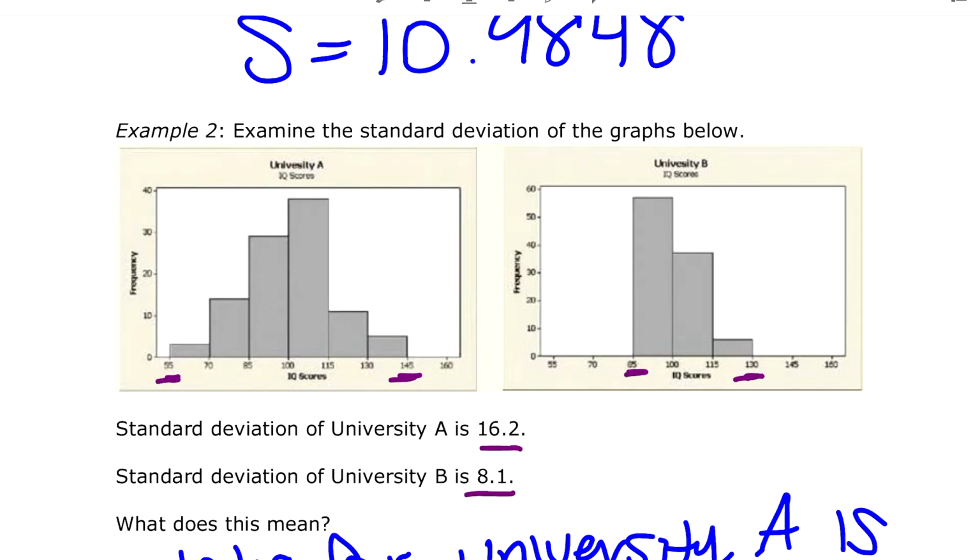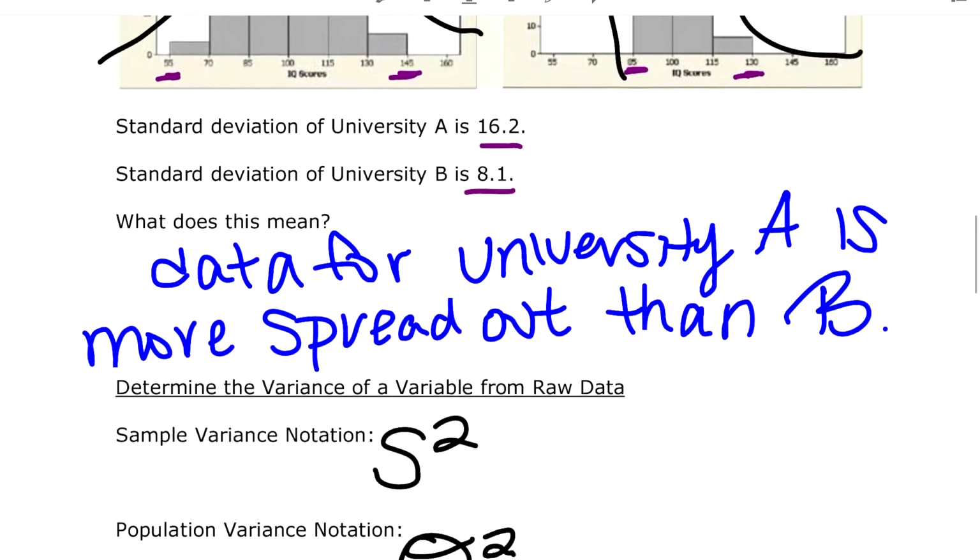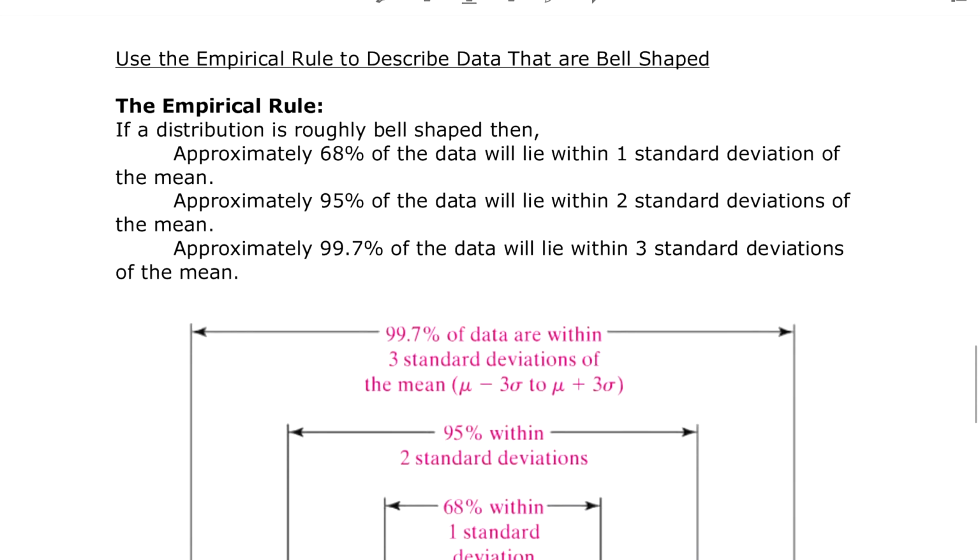University B, not so much. It may be a little bit skewed, but University A, I could draw my curve over this histogram, and it looks pretty bell-shaped. University B's got something weird going on. Definitely not bell-shaped.